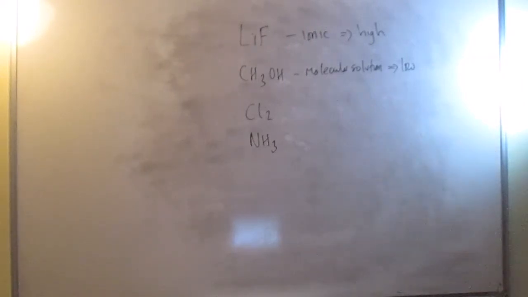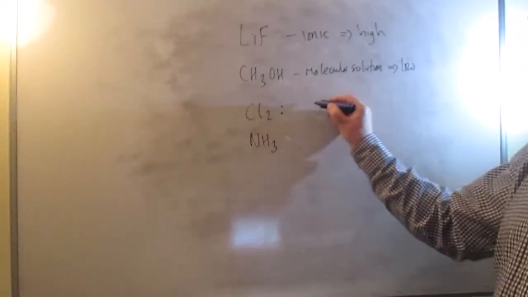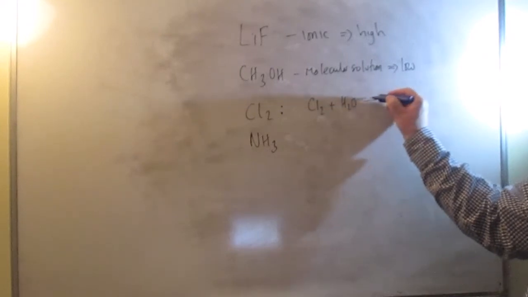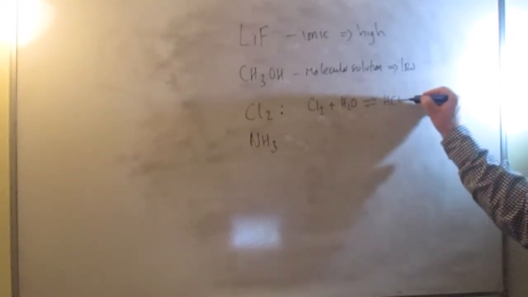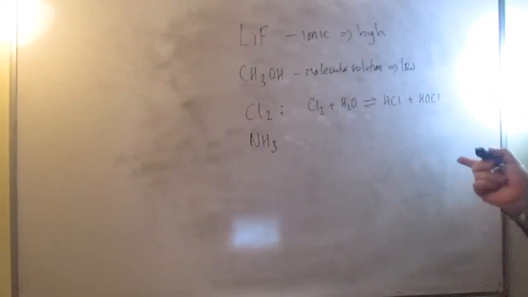These two also dissolve, and on the face of it you think, well, they're molecules as well, but in both cases what you need to remember is that they react with the water. So when that one dissolves in water, you get this reaction. Chlorine plus water, remember, gives you reversibly HCl plus HOCl, and these are acids.